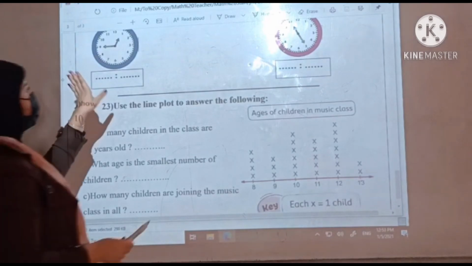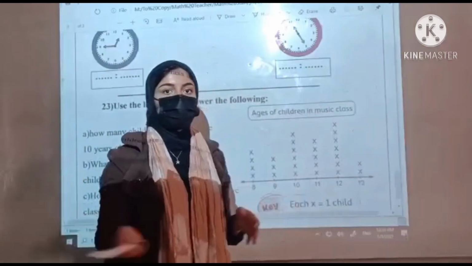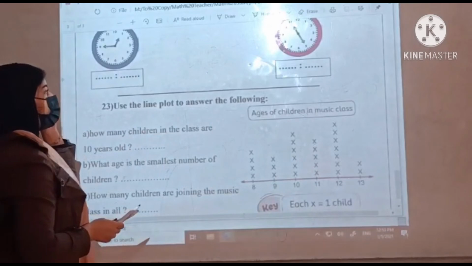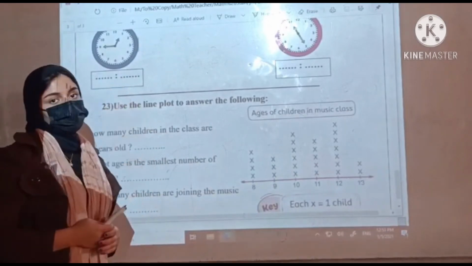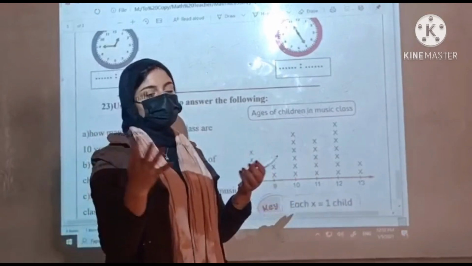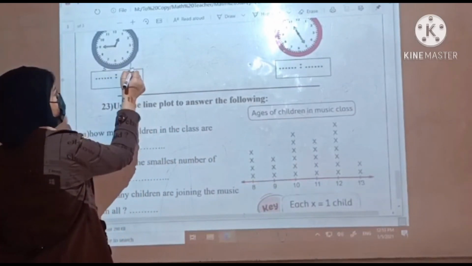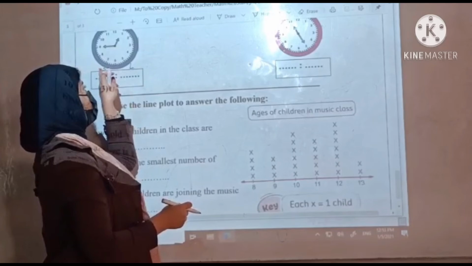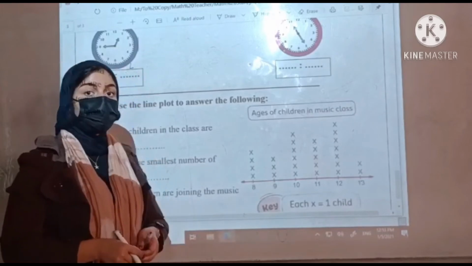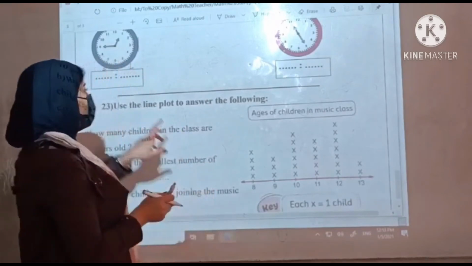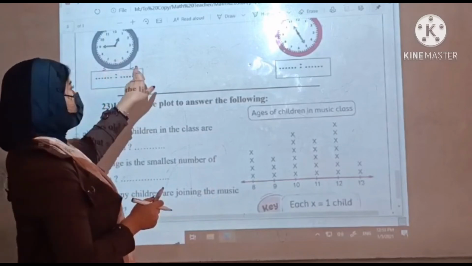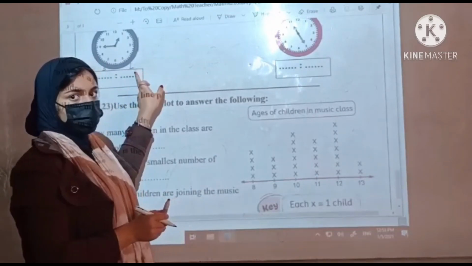So here I have these two clocks. So he wants the time. He wanted it in digital. So digital is like digits. So in the first, here I'm gonna write S and here L. So S means short and L means long. So I should know first the short hand and then the long hand.